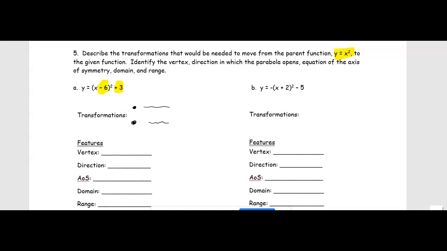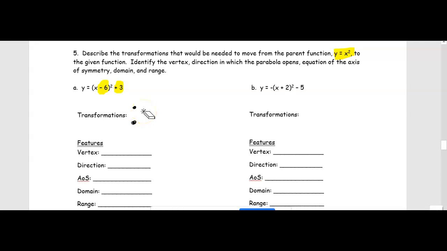If we subtract 6 on the inside of the parentheses and then add 3 on the back side of the parentheses, see if we know what those 2 things are. Okay, so there should be 2 things.